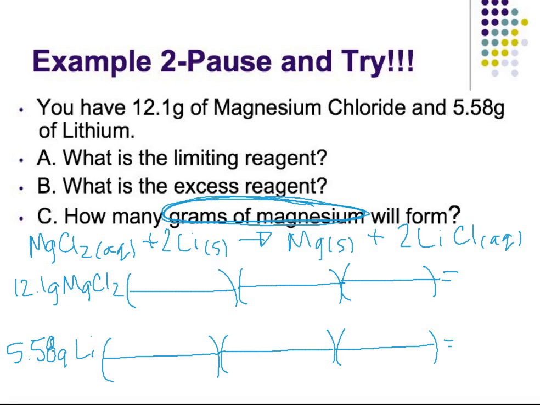So, looking at the first problem, setting it up, we've got grams of magnesium chloride. We can only ever turn grams into moles, so 1 mole magnesium chloride has 95.21 grams in it. Second step, mole ratio, 1 mole MgCl2 has 1 mole Mg.